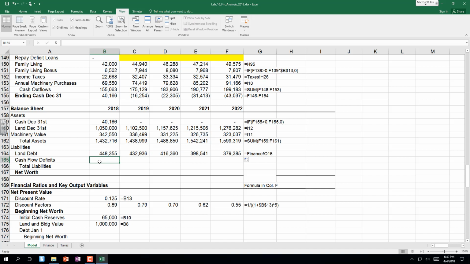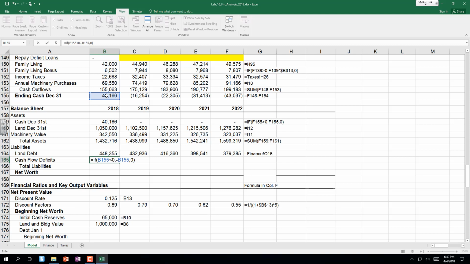Now, this cash flow deficit is an if statement. Equal, if this ending cash here is less than 0, then take minus that number, otherwise 0. The minus is extremely important right there. If this value here is negative, then take a minus of it, because now it's a debt.